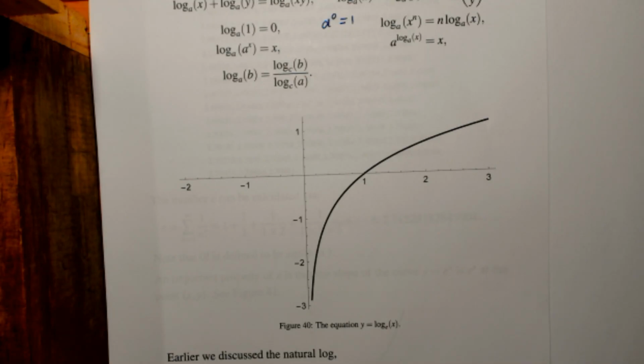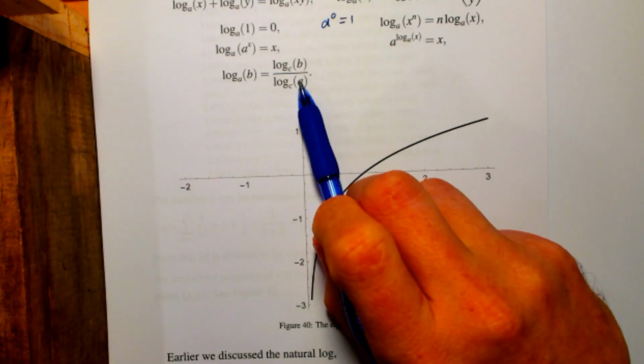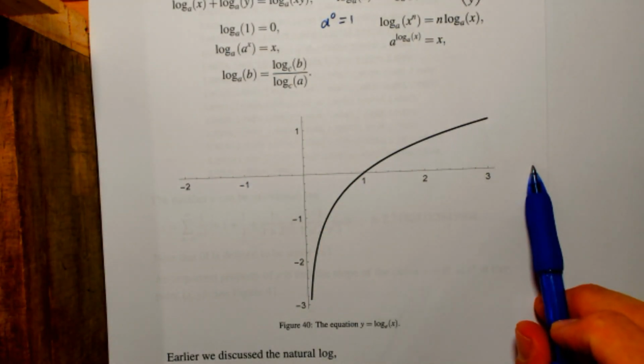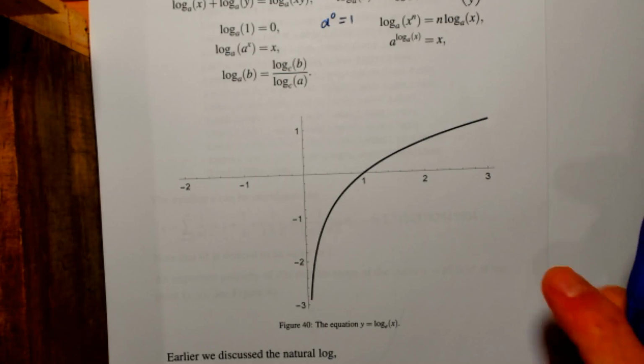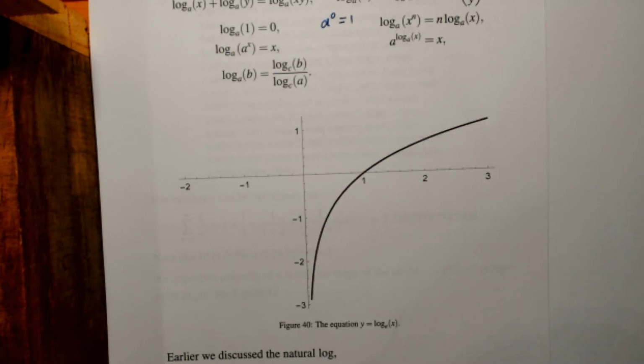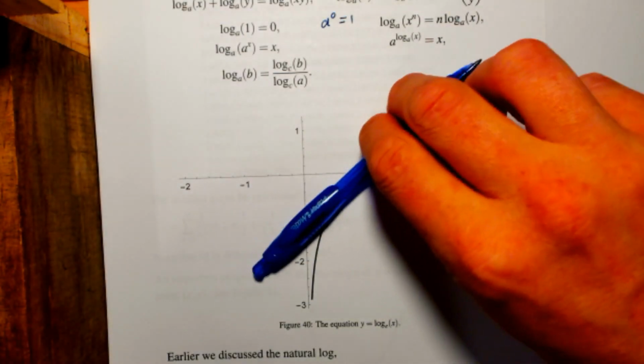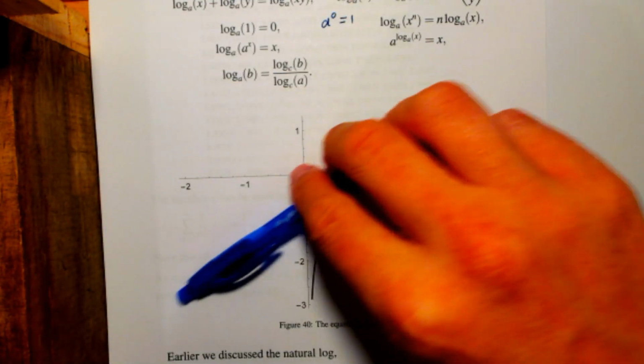Now if you turned it the other way and called this the x-axis and this the y-axis, then you would see an exponential increase going this way. So this is the inverse function of e to the power of x, right? And otherwise you could just reflect this about the line y equals x.